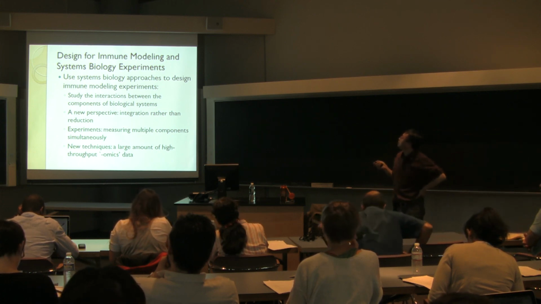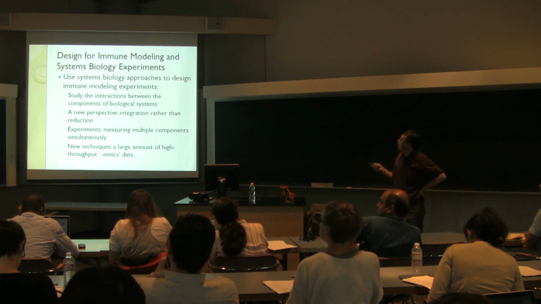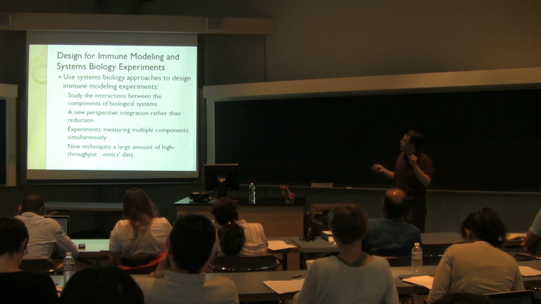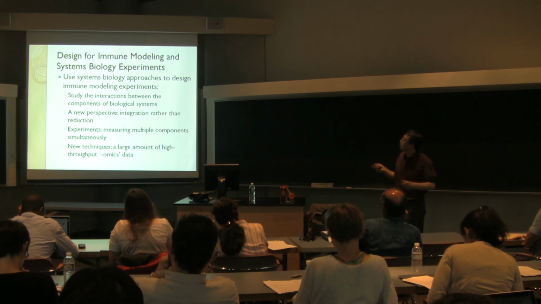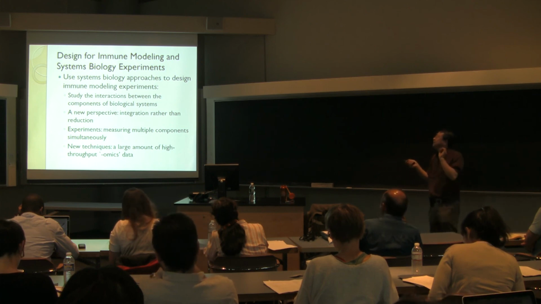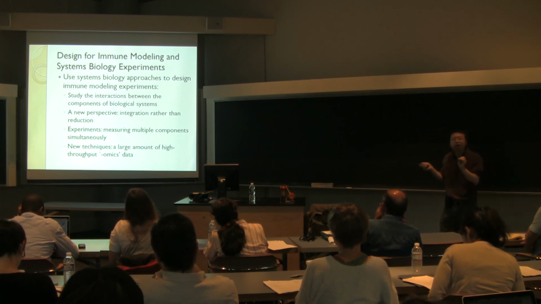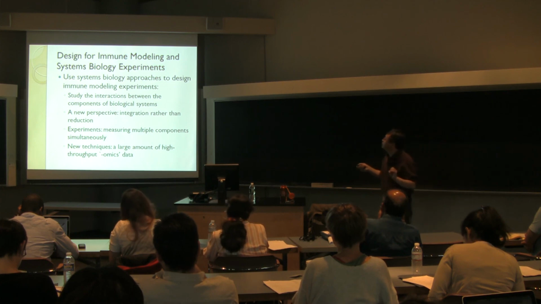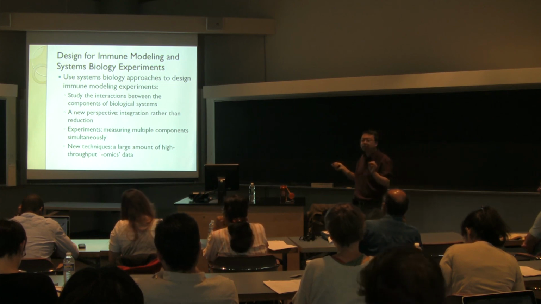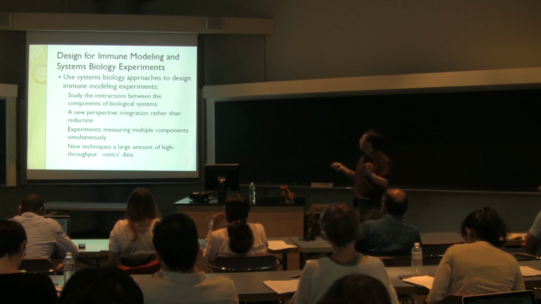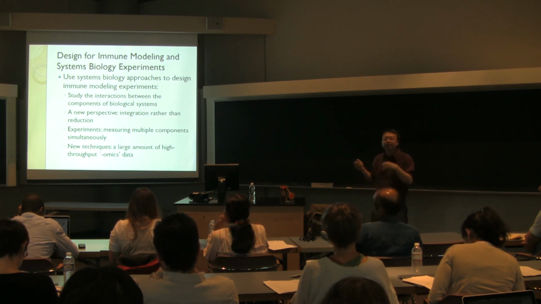So for this systems biology approach to design, I just copied the slides I did for the first day. Again, for systems biology or these immune modeling experiments, we are trying to study the interactions between components of a biological system. We also need to take an integration perspective instead of a reduction perspective, and measure multiple components simultaneously instead of separately.